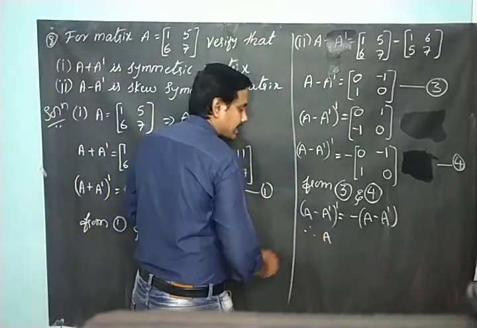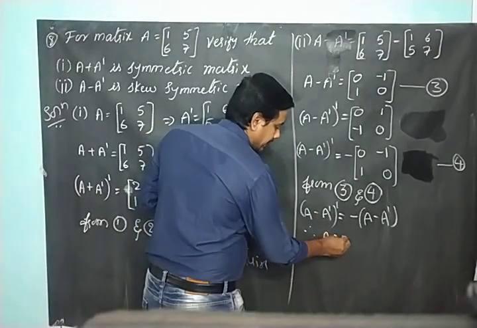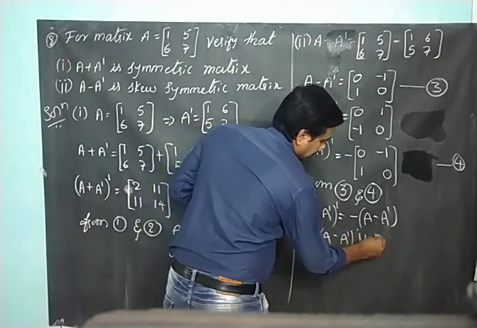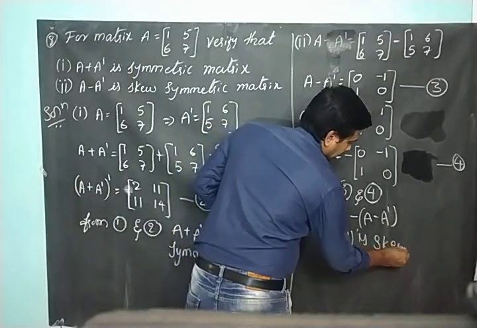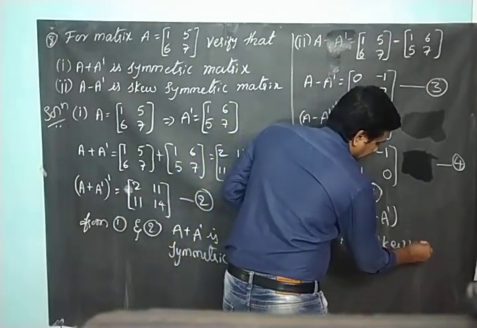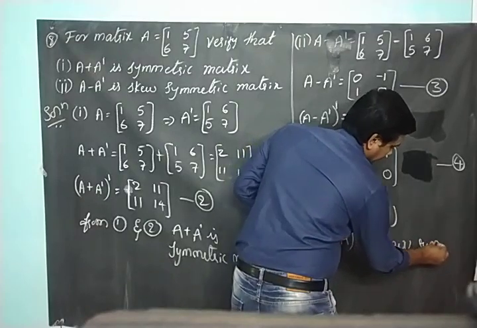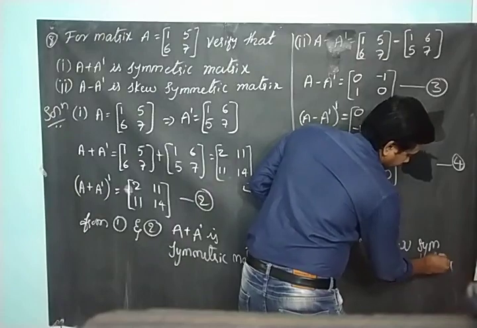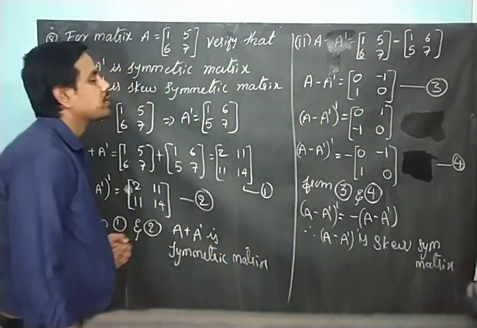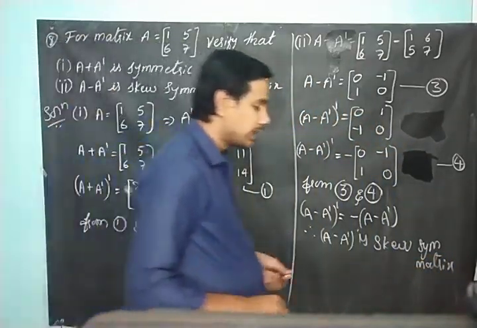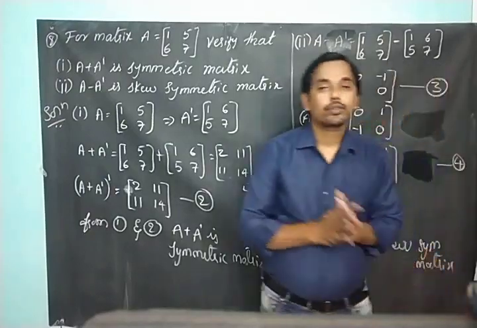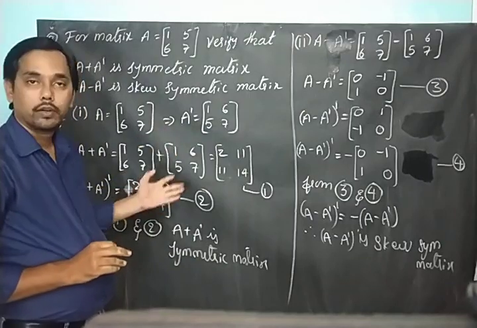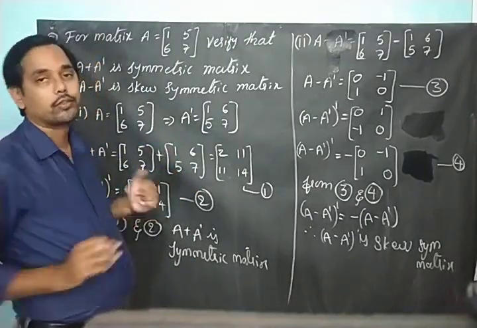Therefore, as it is negative, I can write A minus A transpose is a skew symmetric matrix. Is that clear? So this is how we need to prove whether it is a symmetric or skew symmetric matrix. Pause this video and take down the notes. Okay.